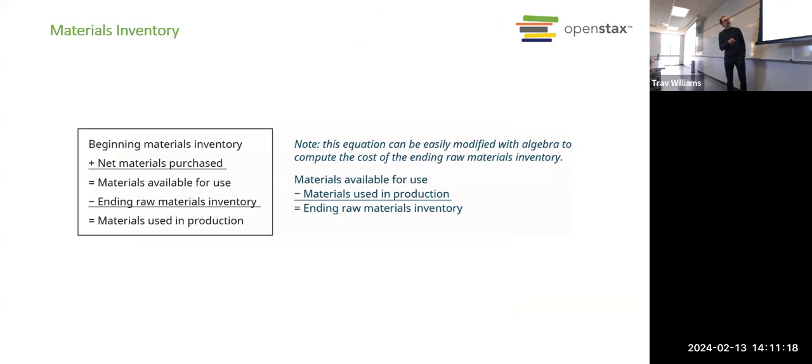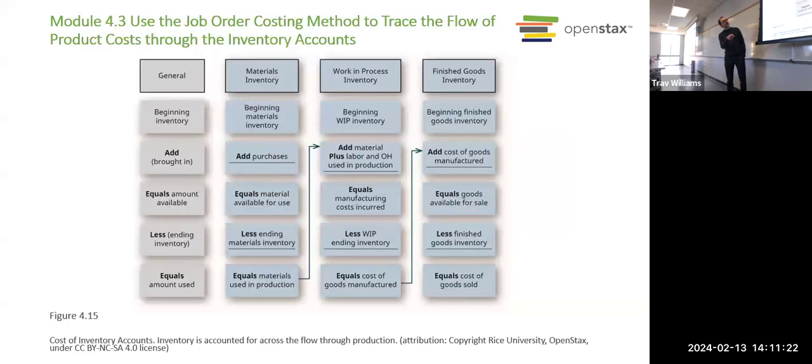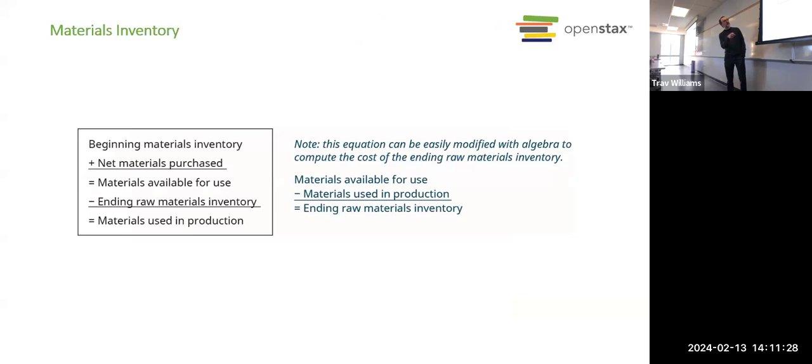So this is the same formula. This was for materials. Again, beginning plus purchases minus ending. We see the same thing here: beginning materials plus what we purchased minus your ending materials tells you how much you used. But what I want to point out on this slide, there might be some cases where you don't know your ending inventory for materials.